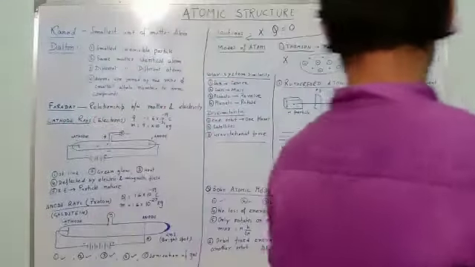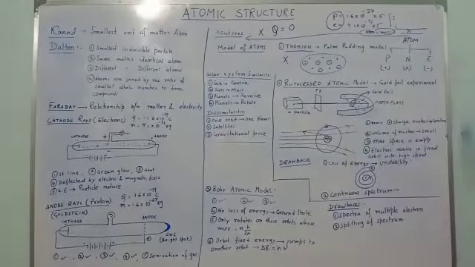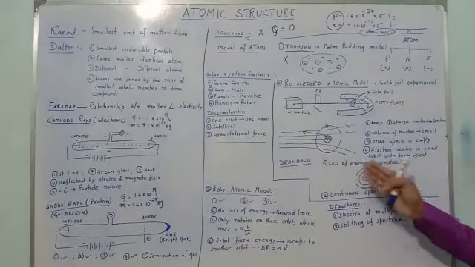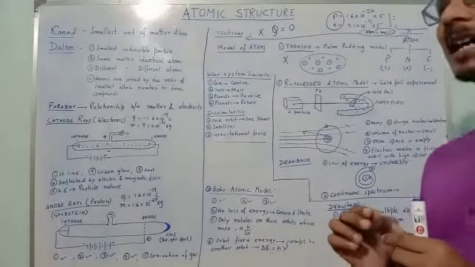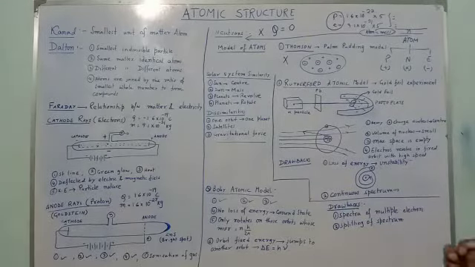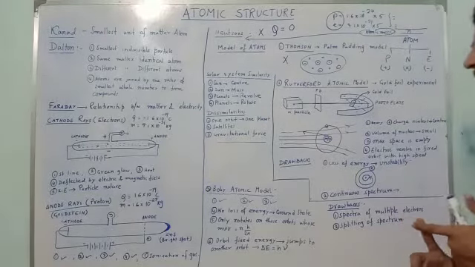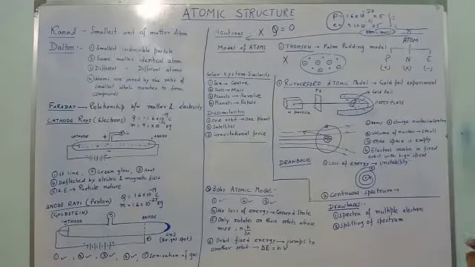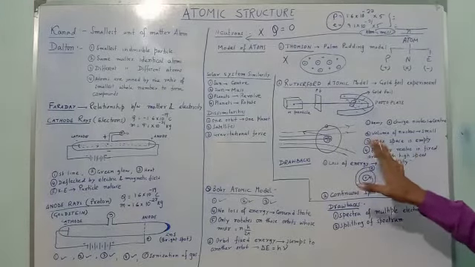But these conclusions or this model have some drawbacks. Number 1 drawback: if electrons are continuously revolving around a positively charged nucleus, then those electrons will lose a certain amount of energy, which results in the instability of the electrons.